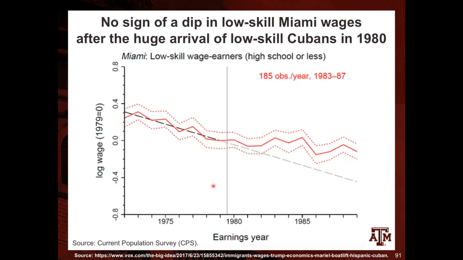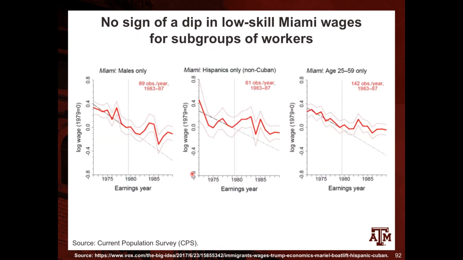And then Clemens, in this article, looks at subgroups: only males, only Hispanics who are non-Cubans, and only those workers in prime ages, 25 to 59, which are the ages in which people usually make higher earnings. Again, there is no sign of a dip in low-skilled Miami wages for these subgroups of workers.